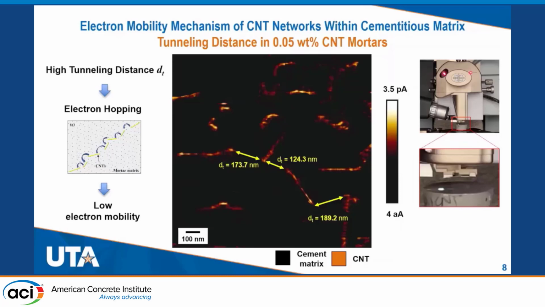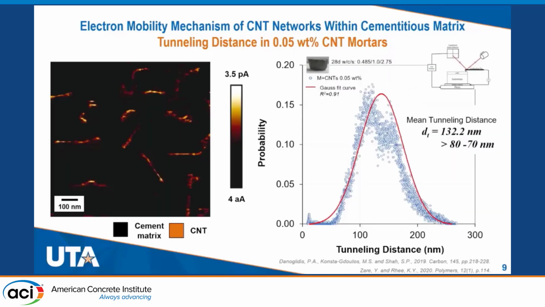We are able to measure the tunneling distance that shows us the electron hopping mechanism of the charge of current from nanotube to nanotube. So, using the software of our tunneling AFM, we were able to map the area and get these tunneling distance values of our mortar nanocomposites.